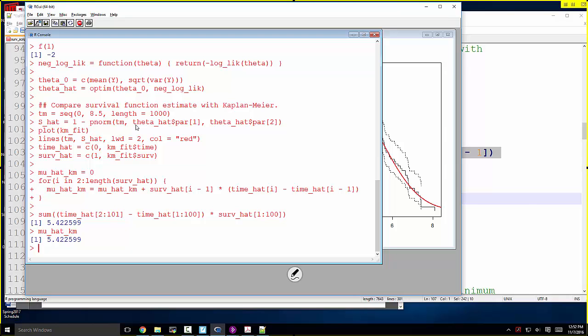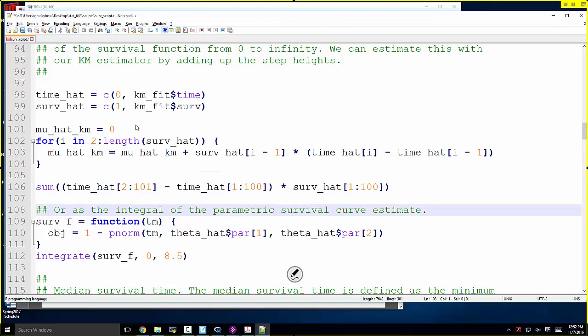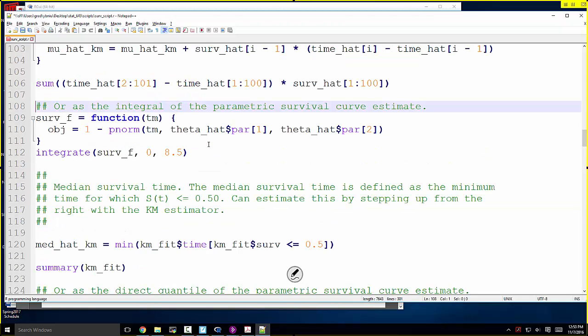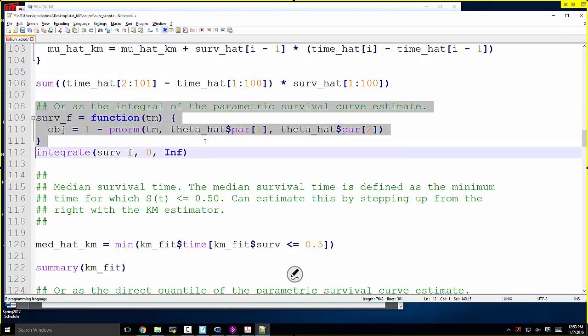With a parametric survival function, we would have to actually integrate it. There is a function in R called integrate that makes that easy. I really want to do this from 0 to infinity. I want to integrate the survival function, 1 minus the normal CDF, because this simulation is assuming the survival times are normally distributed.